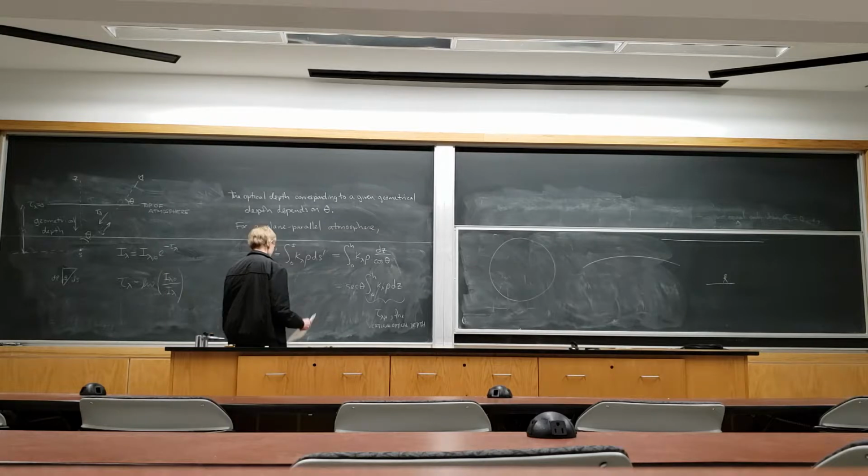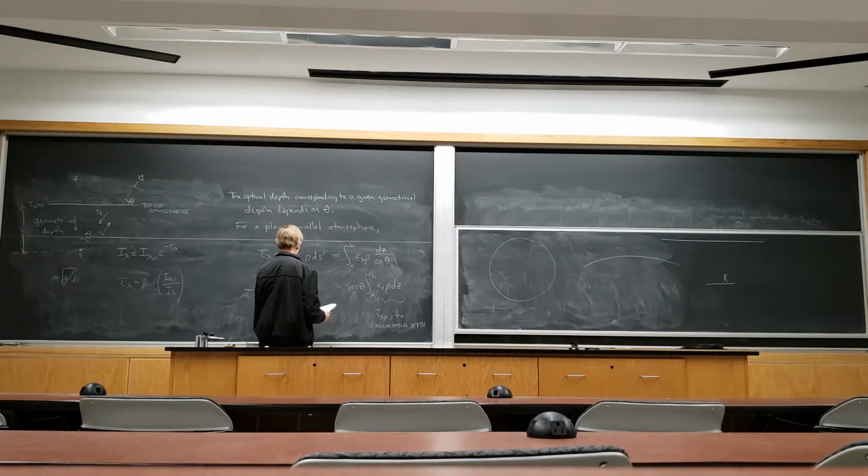So we can write for a plane parallel atmosphere that the optical depth along any line of sight is the vertical optical depth times the secant of theta.